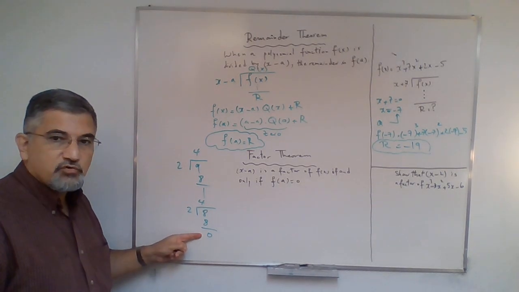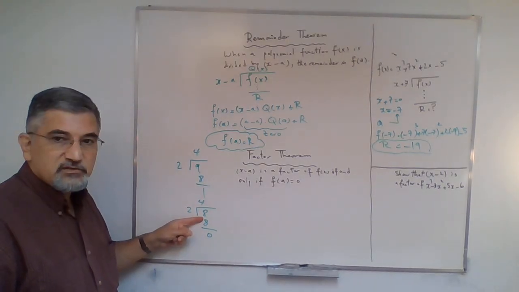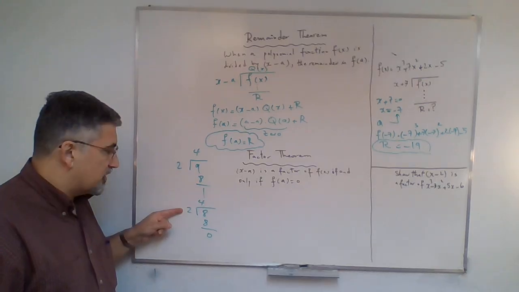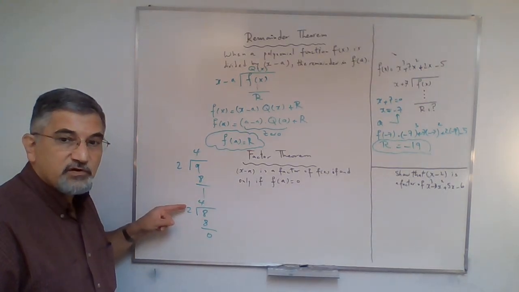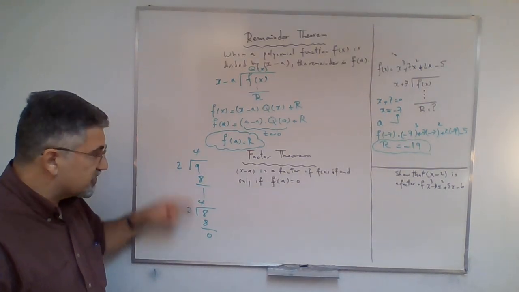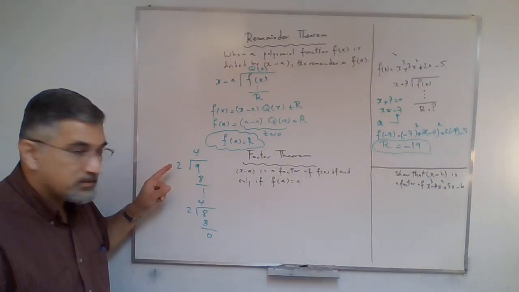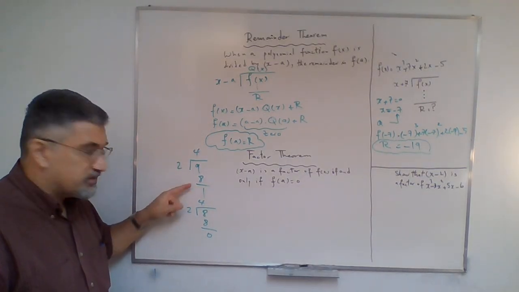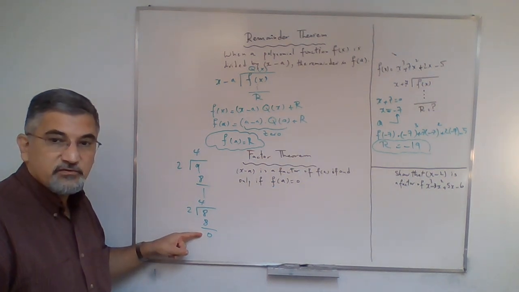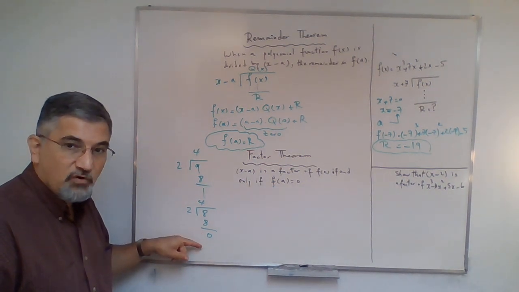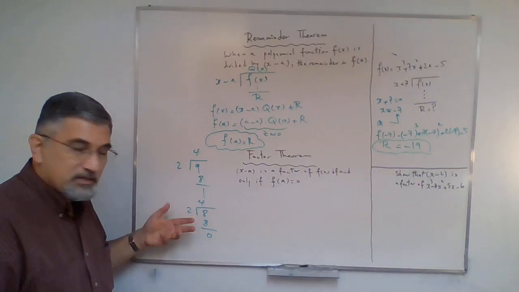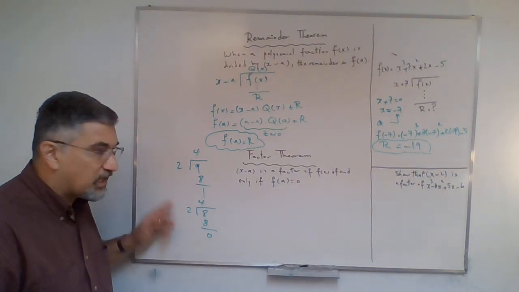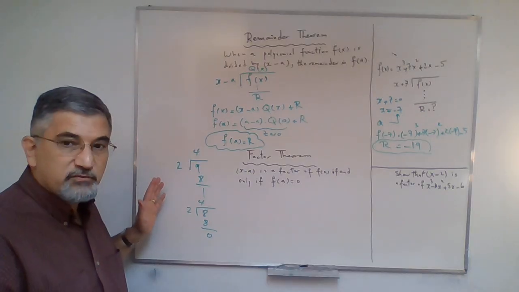But here the remainder is 0, 8 is actually divisible by 2, and 2 is a factor of 8. So that's the difference between these two. Using the remainder theorem, we found 1, but now we're saying that if instead we have 0, then we can claim that 2 is a factor of 8, or 8 is divisible by 2. That's all we're saying here in simple language.